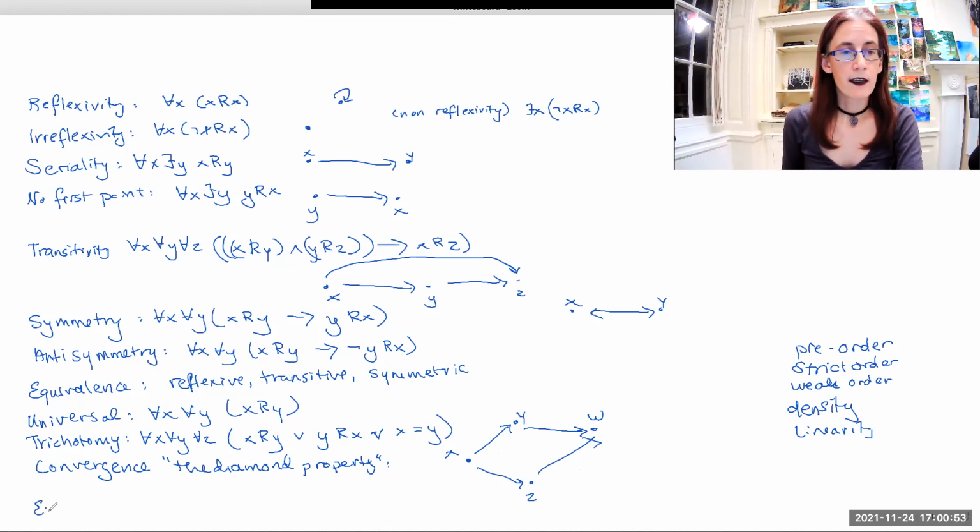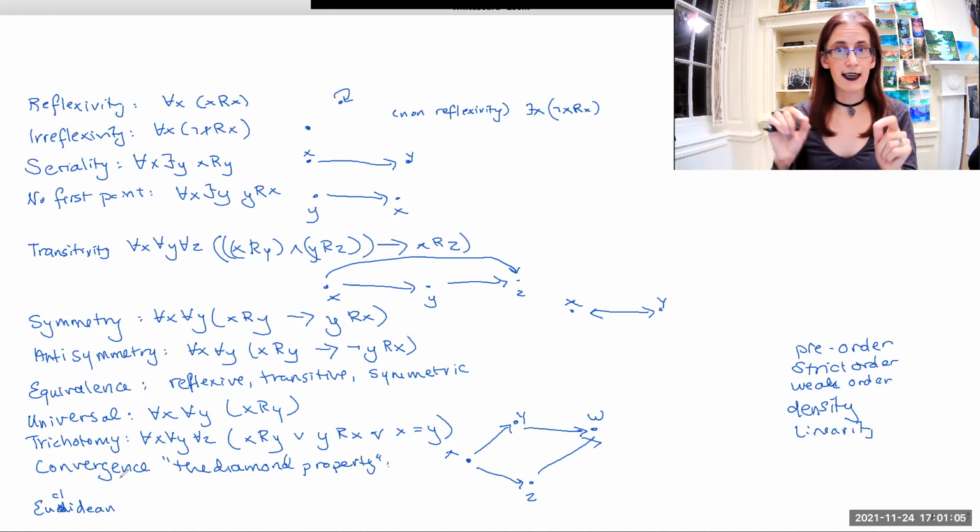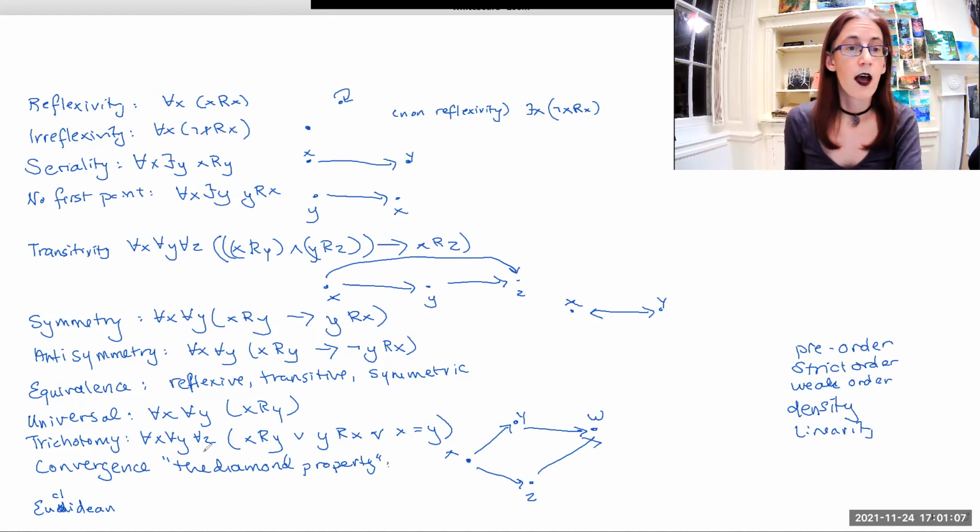And then finally, we have the notion of being Euclidean. The way you can remember what the Euclidean relationship is, is because it has to do with drawing triangles.